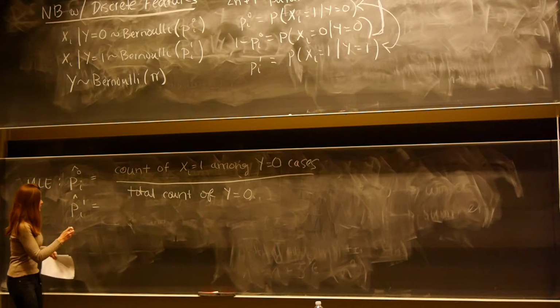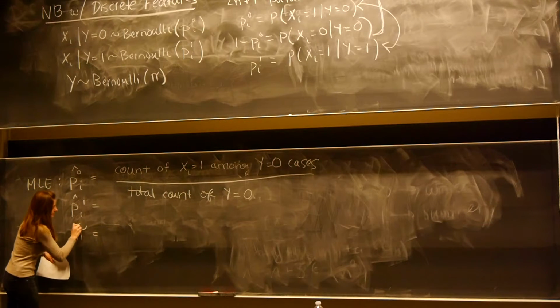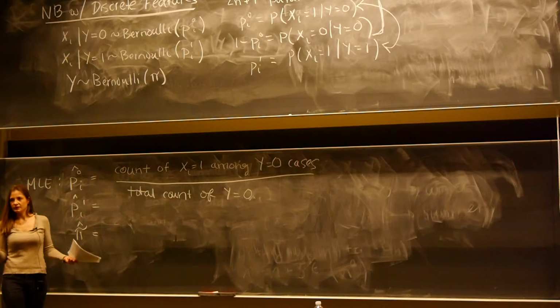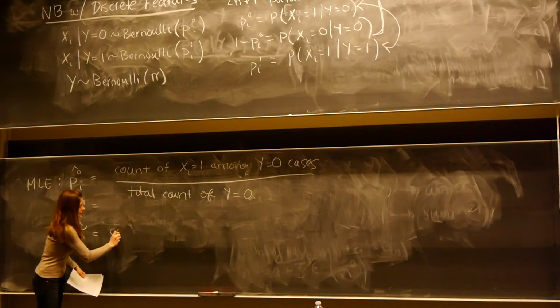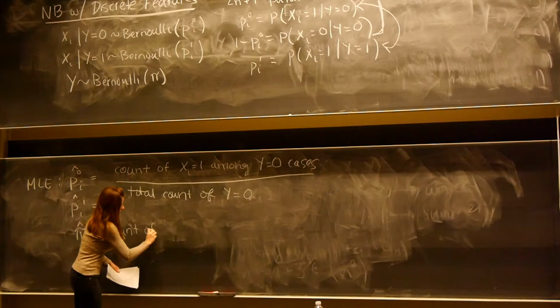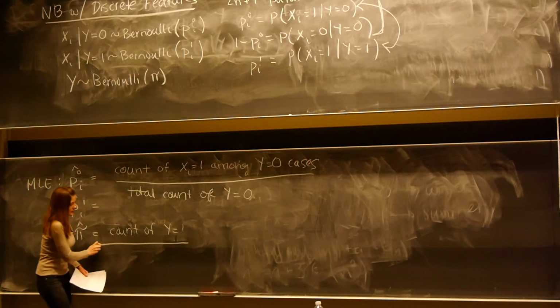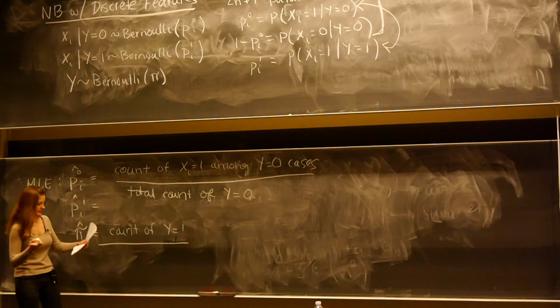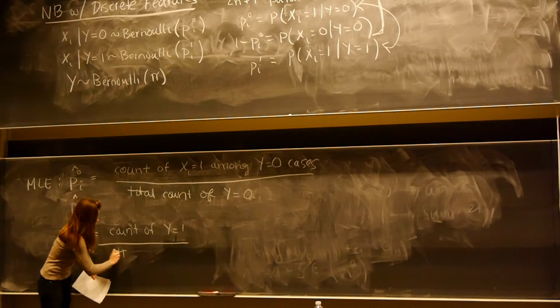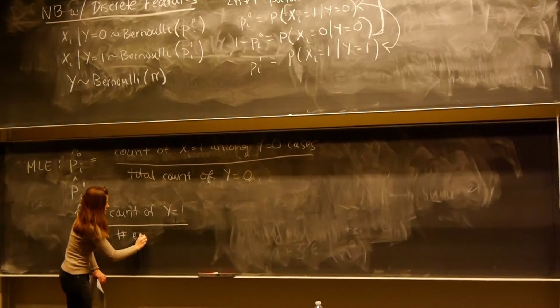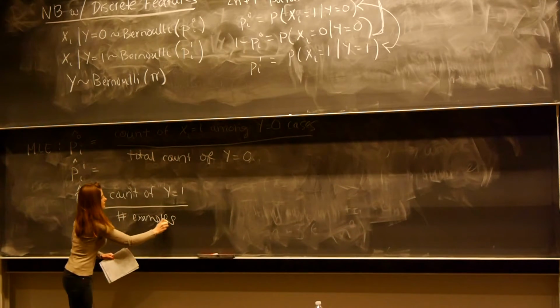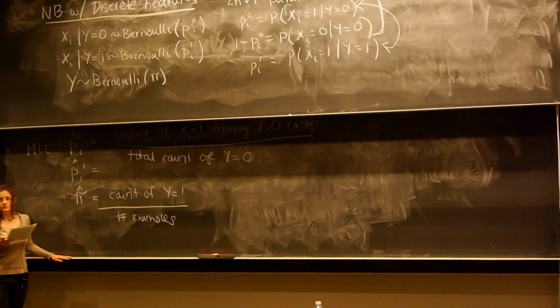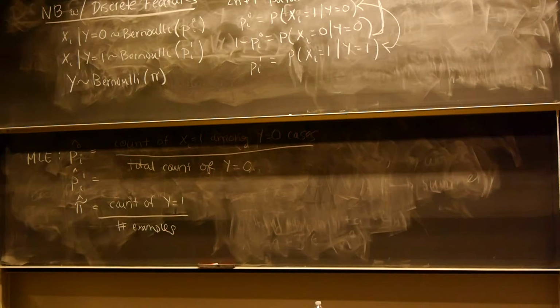Okay, and then finally, we need to estimate pi, right? So pi hat is simply the count of cases where y equals 1 divided by the total number of training examples. Would you say pi hat 1? Well, you wouldn't really say pi hat 1.